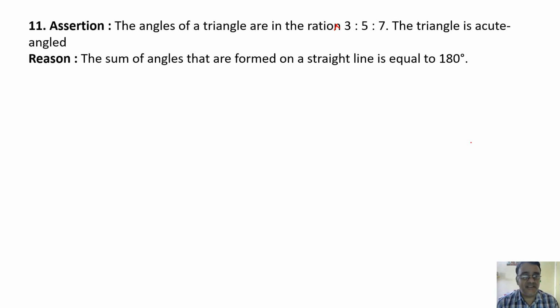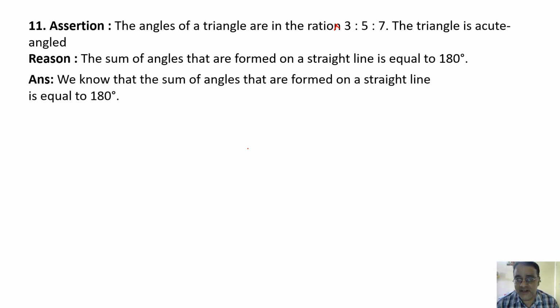And the reason given is, the sum of angles that form on a straight line is equal to 180 degrees. So the reason statement is correct, but it is not appropriate for the assertion. The statement given in the reason, that the sum of angles formed on a straight line is equal to 180 degrees, is correct. So the reason is correct, but as I just told, it is not relevant for the assertion. We have to check whether the assertion is correct or not.